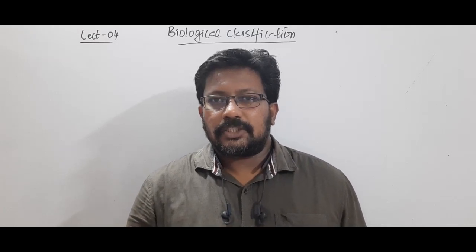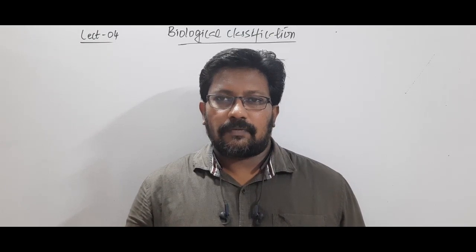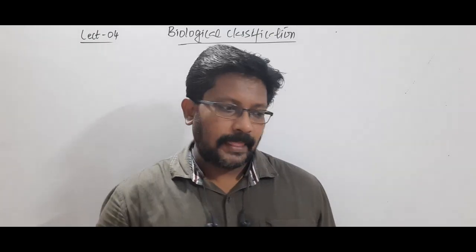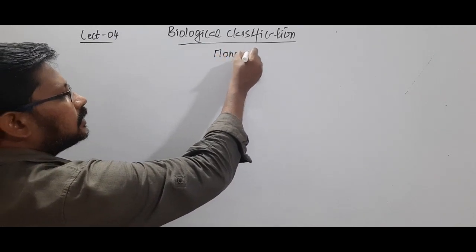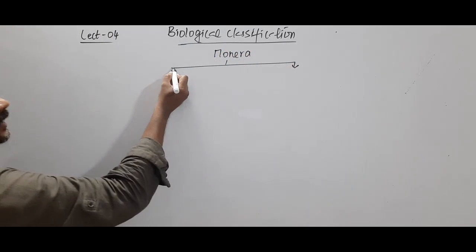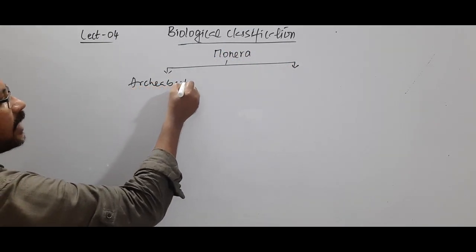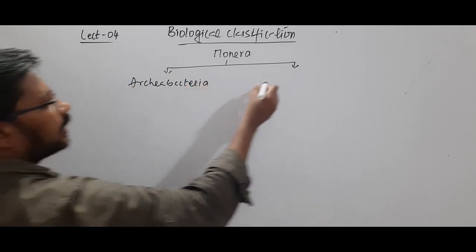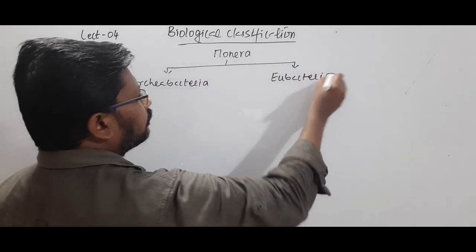Welcome. In this session, I'm going to discuss two major groups of kingdom Monera. This kingdom Monera includes two major groups of bacteria, one called Archaeobacteria and another one Eubacteria.